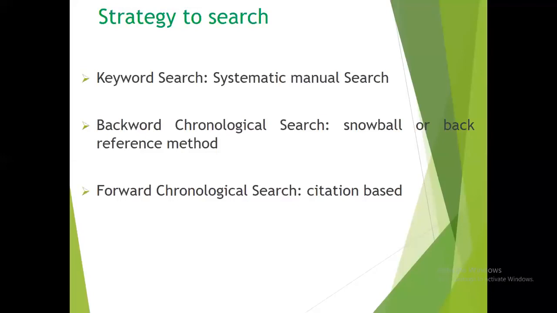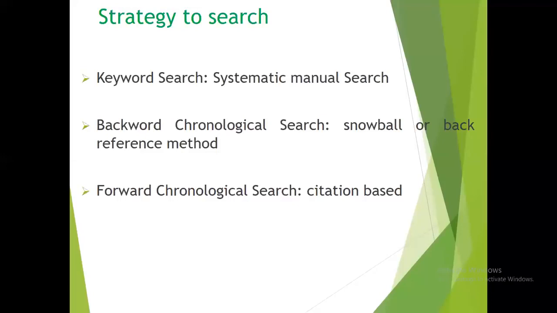The next is forward chronological search. What is that? It is basically citation based. Suppose you found a research article which is really very popular in your area of interest.